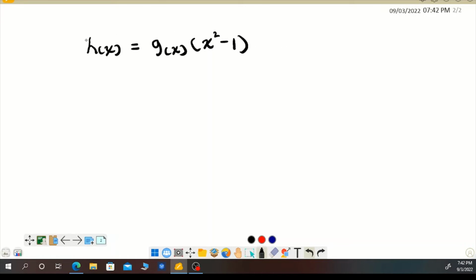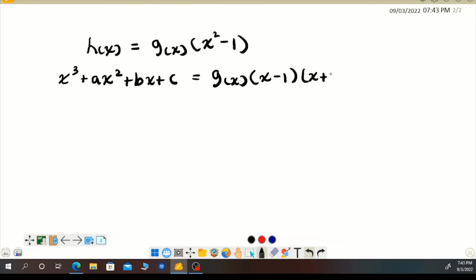They have given that x squared minus 1 is a factor, so this is the application of the factor theorem. Substituting h(x): x cubed plus ax squared plus bx plus c equals g(x) times x squared minus 1, which I can factor. This is the difference of two squares, so I can write it as (x minus 1)(x plus 1).